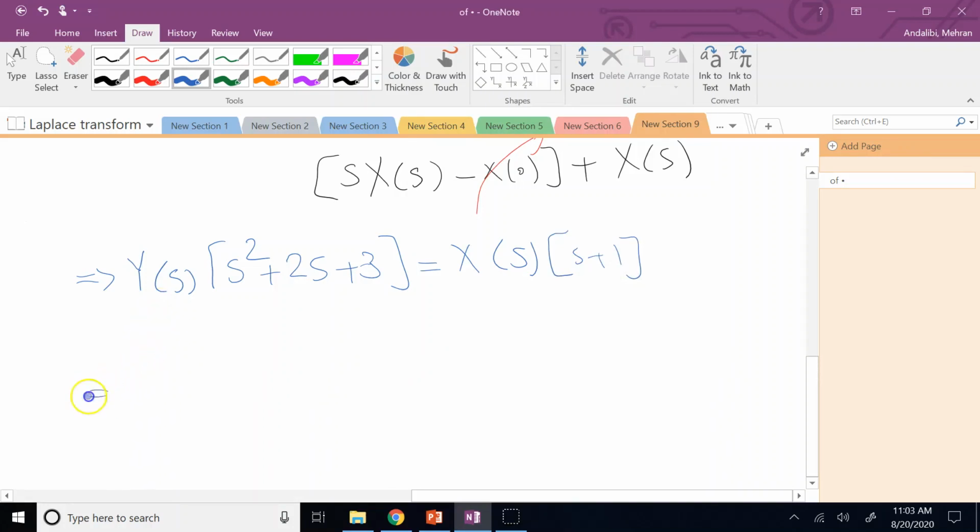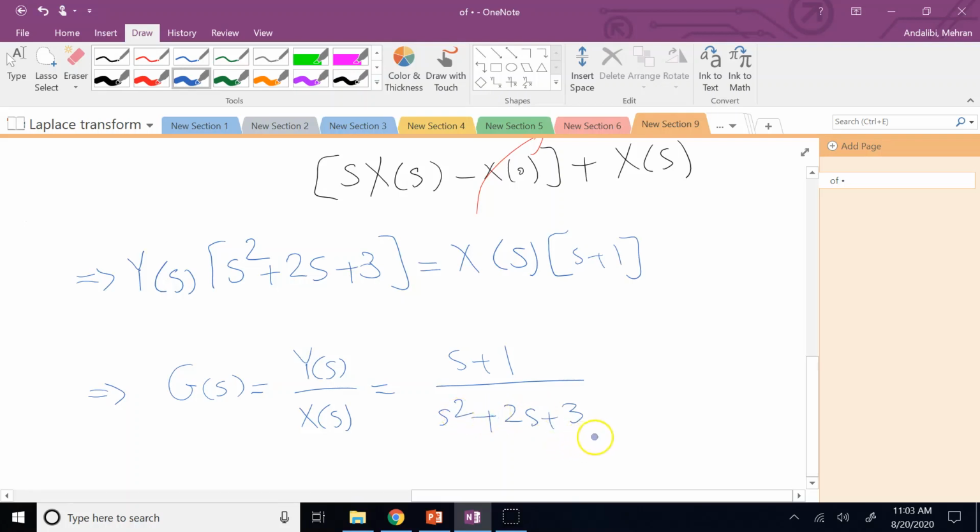And from here, I can find the transfer function if I show it by G(s), which is the Laplace of the output divided by Laplace of the input, which in this case is s plus 1 over s squared plus 2s plus 3, okay?